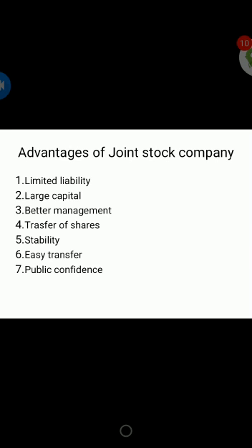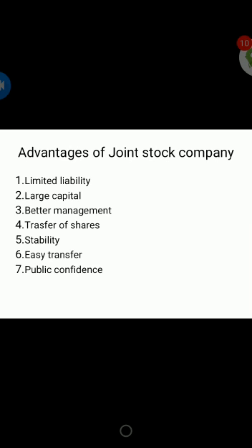They are scattered in different places. So on behalf of them, they elect the board of directors, who are qualified, experienced or expert persons in managing the business. So what they do is provide better management.